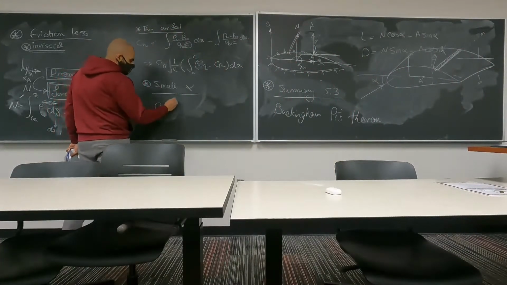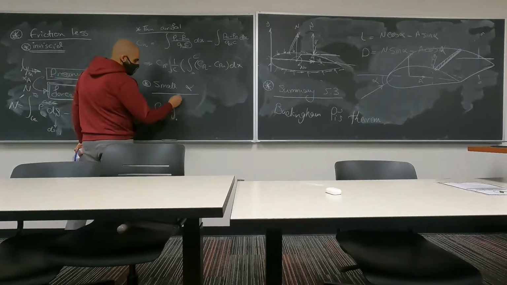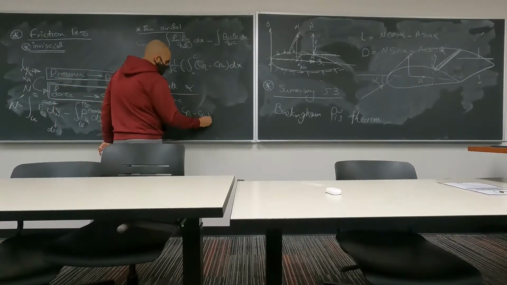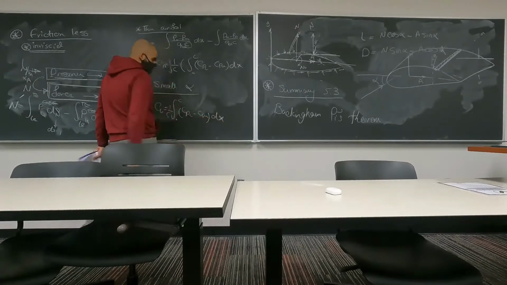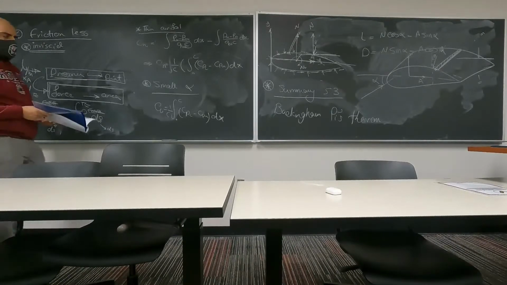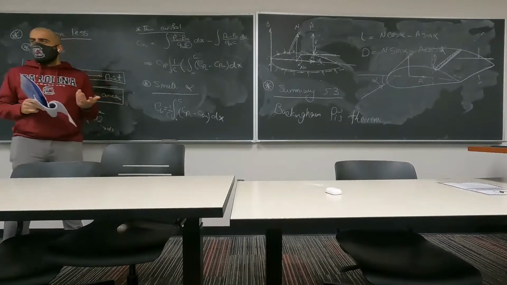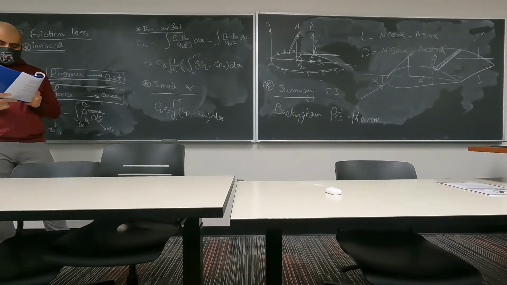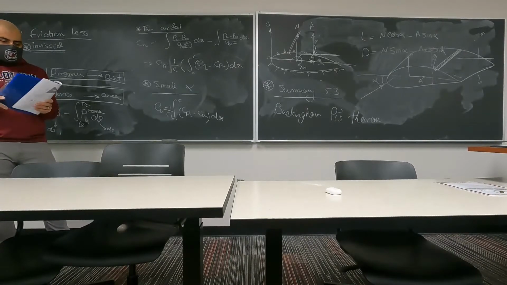So the lift coefficient is going to be 1 over c, integral from 0 to c, of C_p,l minus C_p,u, dx. Whenever you see a c that doesn't have a subscript or superscript, it is just referring to the chord length, unless I specify.